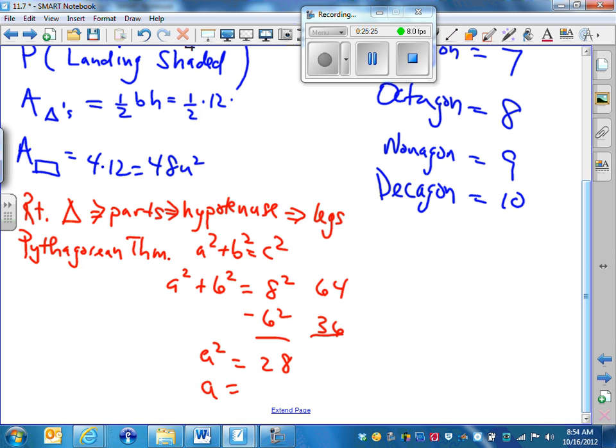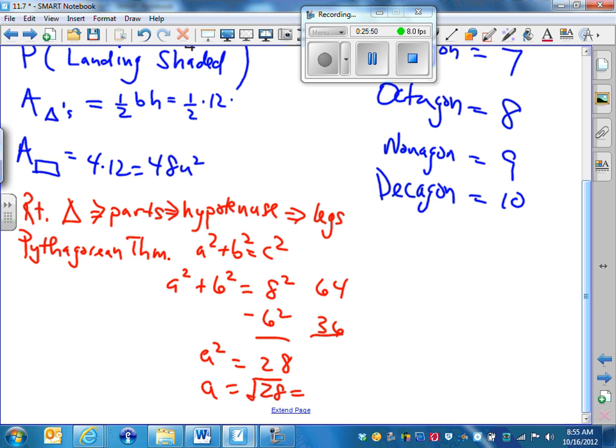Can everybody find that on their calculator? Square root is this symbol in your calculator. It's with the squared key. Yes ma'am, 5.3.